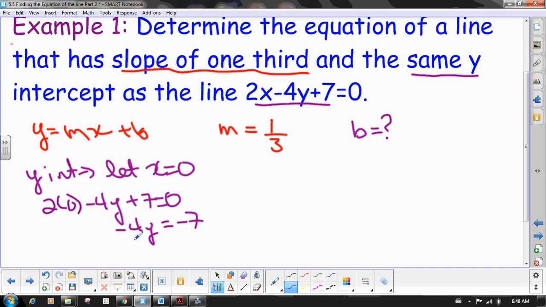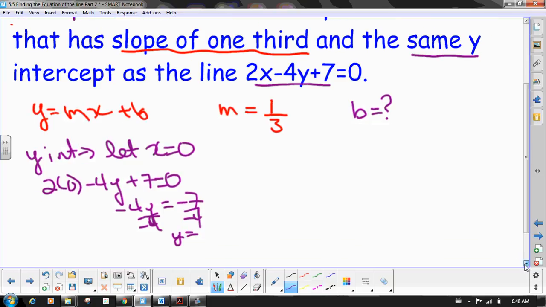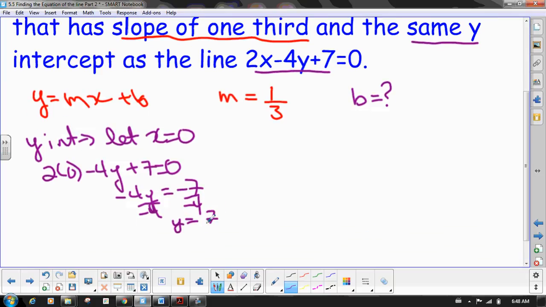So when I do that and divide by -4 to isolate, I'm going to get y equals 7/4. Now that I have that done, I know my slope, I know my y-intercept, therefore my final equation is y equals 1/3 x plus 7/4.